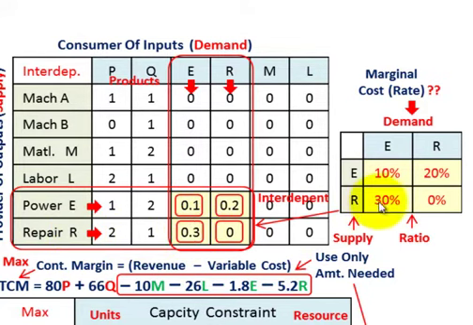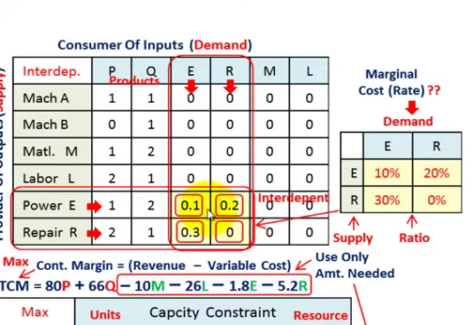So that's what comes up with a relationship. So here's our supply for E and R, and here's our demand for E and R, that interdependency. So you have to come up with some percentage between those two. So really you're looking at a ratio as a unit of 1, some percentage you want to come up with.